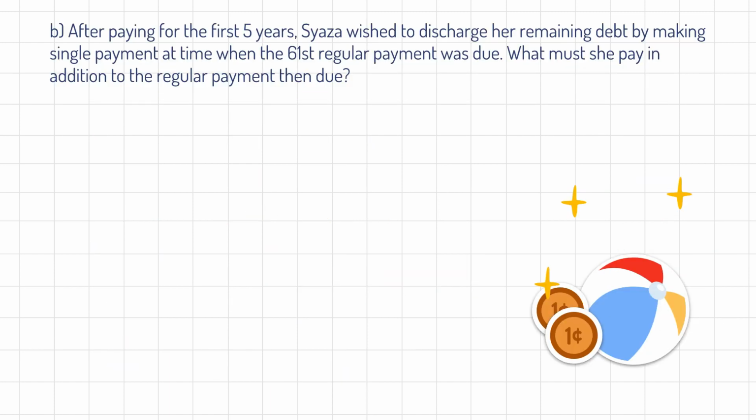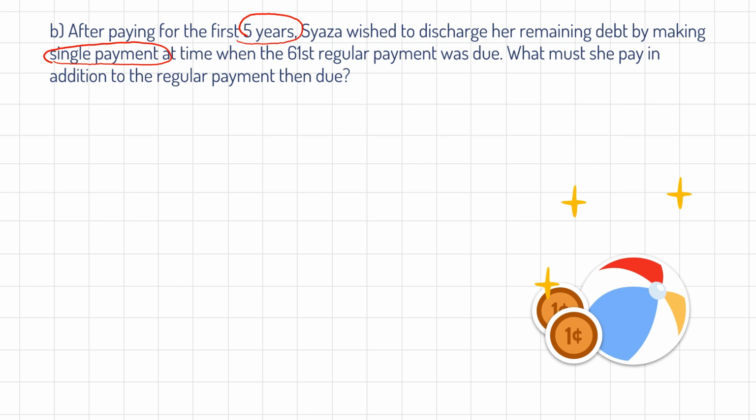Now for question B, let's read the question first. Here we have, after paying for the first 5 years, Shaza wished to discharge her remaining debt by making a single payment at time when the 61st regular payment was due. What must she pay in addition to the regular payment then due?